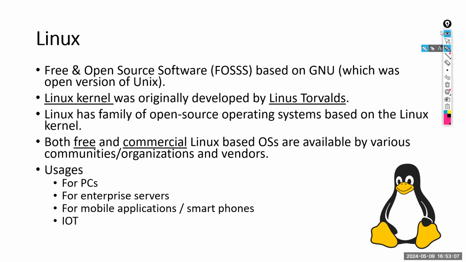There are plenty of Linux-based OSs. Each OS has somewhat different functionalities because the Linux code base is open source. And again, mainly we use Linux for servers and for personal computers. But there is a small niche market for Linux-based mobile OSs as well and IoT.